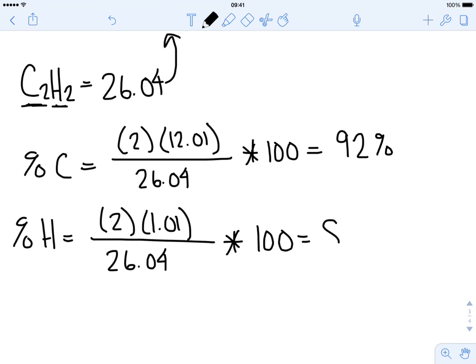So 2 times 1.01, and we're going to divide that by the mass of the entire ethane molecule, which is 26.04, and we're going to times that by 100. Now if you put this into your calculator, you should get 8%.